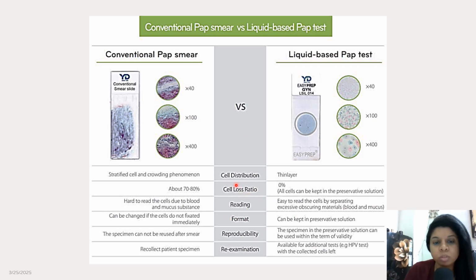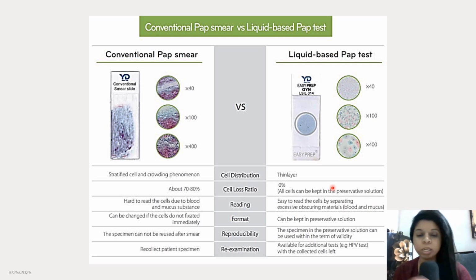And then the cell loss ratio: as I said, cells can be lost over the instrument itself. 70 to 80% might be present there, which we have not spread. And here the cells are not lost because you're immersing the full brush into the preservative fluid. It's not only that you will get one slide out of it; the rest of the preservative fluid is preserved.